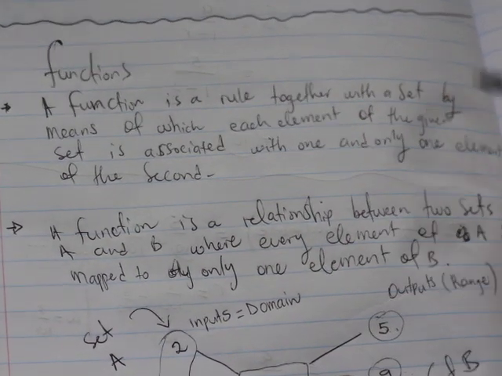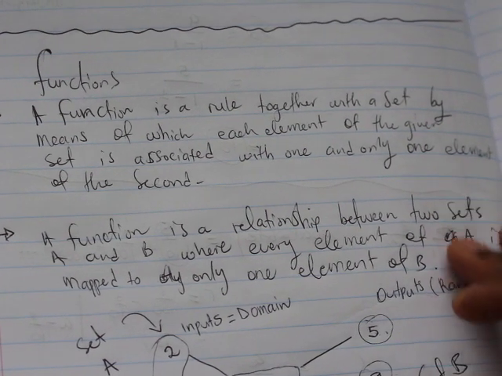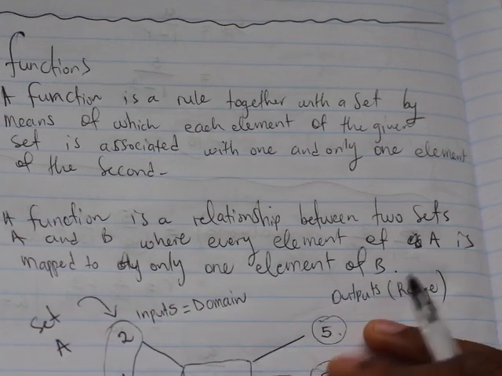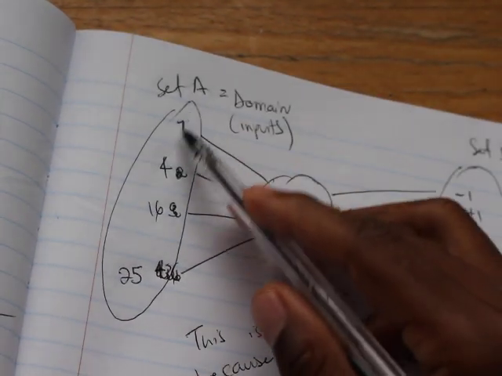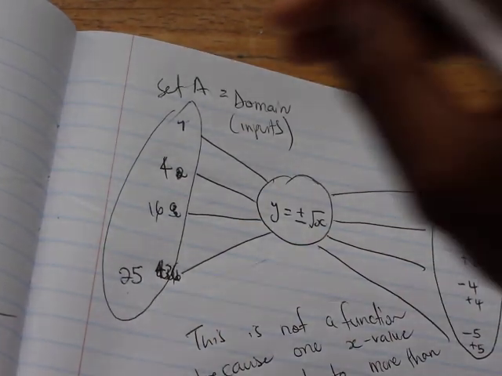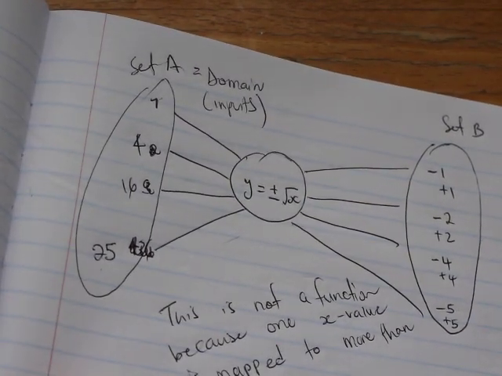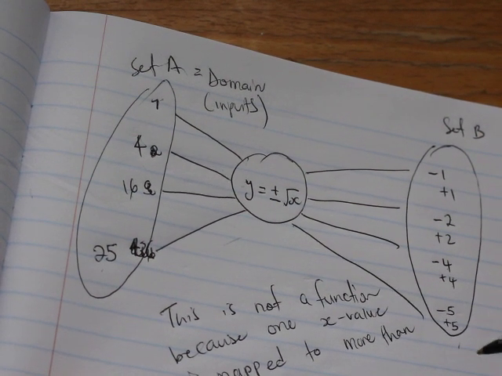And let's go back to the definition. Our definition says that a function is a relationship between two sets, A and B, where every element of A is mapped to only one element of B. But look, in here we've got 1, 2, 3, 4 elements in set A being mapped to more than one element in the set B. Remember, set B has got how many elements? 1, 2, 3, 4, 5, 6, 7, 8.